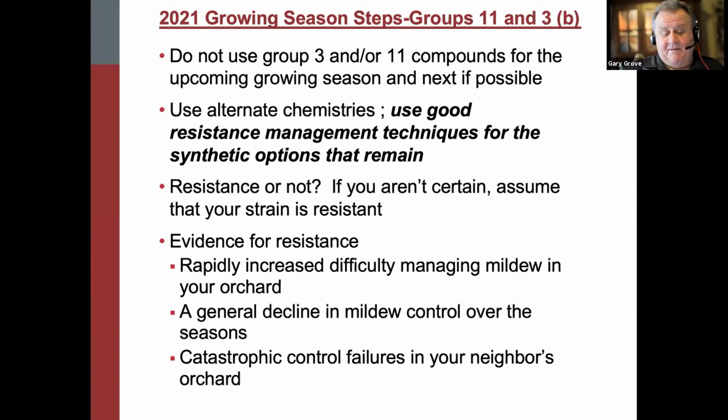This would be a real good indicator that there's a problem with group 3s. And importantly, catastrophic control failures in your neighbor's orchard. Again, the conidia of this fungus can move by wind, so they can easily move from orchard to orchard. This doesn't mean that you need to go over and shame your neighbor. What it means is you need to be on the same page vis-a-vis your fungicide approach.